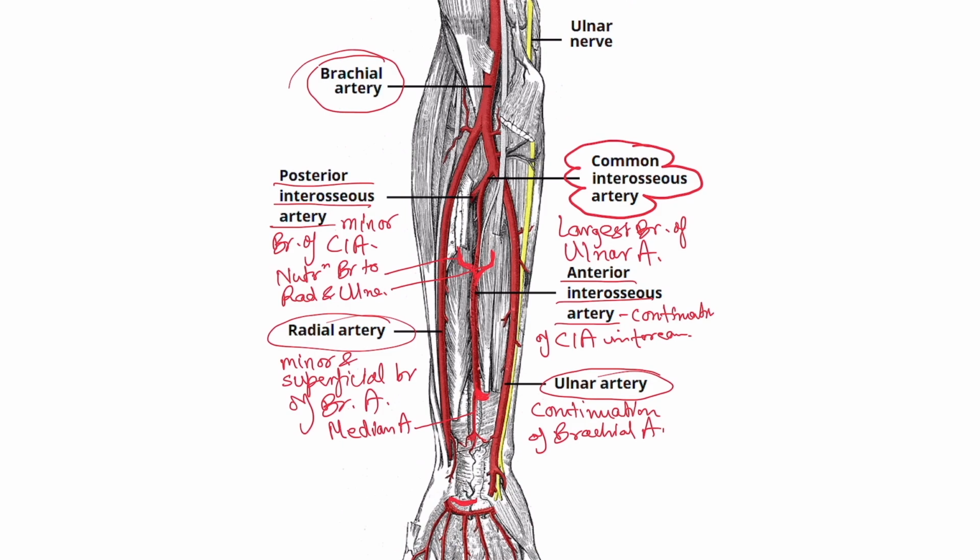Consider this to be a deep palmar arch, and this deep palmar arch gives a recurrent branch which passes below the flexor retinaculum to reach into the forearm space of Parona.